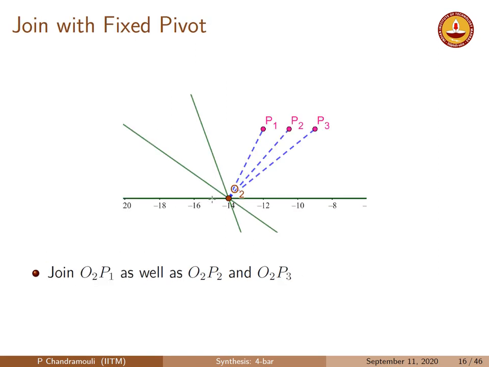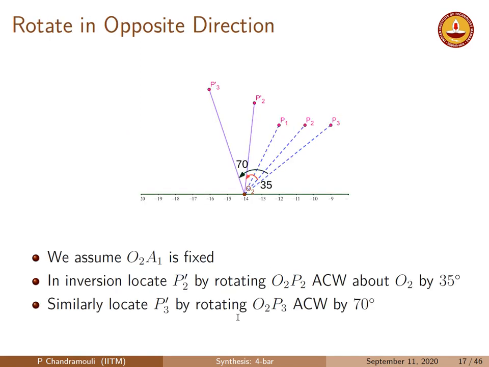So the first thing that we do is join O2 with P1, P2 and P3. These lines are drawn as shown here: O2 P1, O2 P2 and O2 P3. These are the three crank positions, the green ones that we have drawn. The next step is to reflect, basically rotate O2 P2. We assume that O2 A1 is fixed in that same position as before.